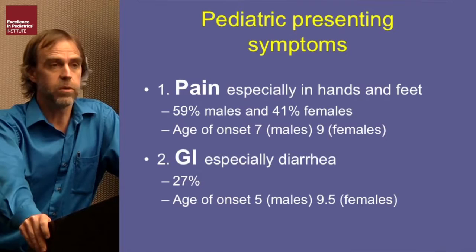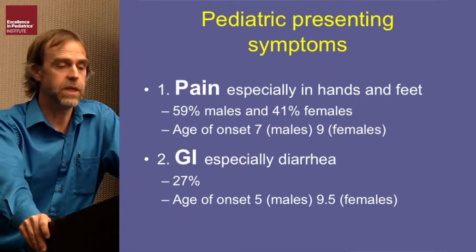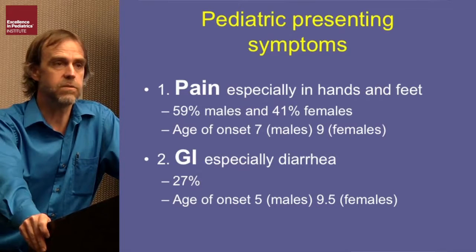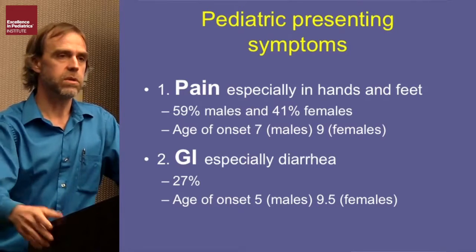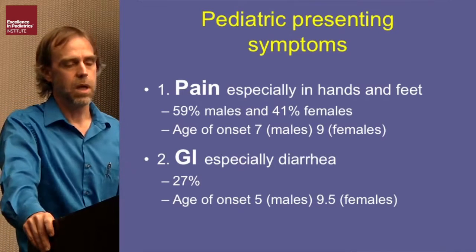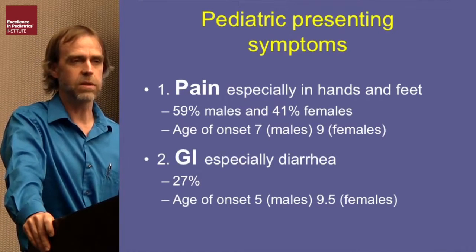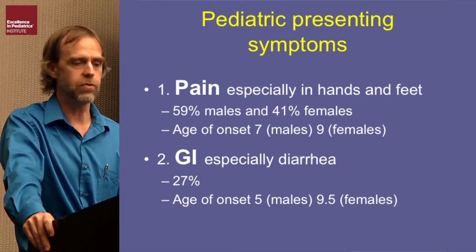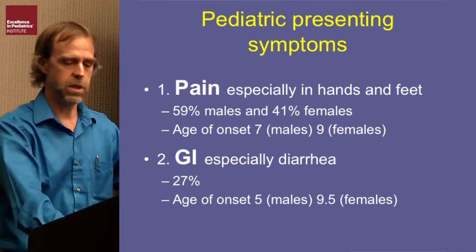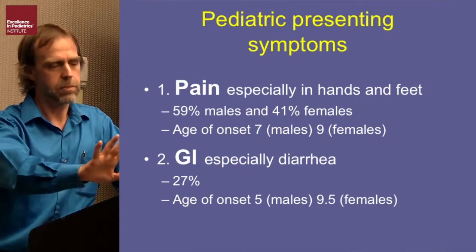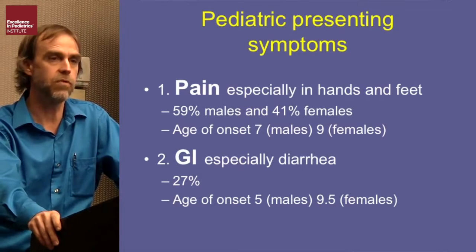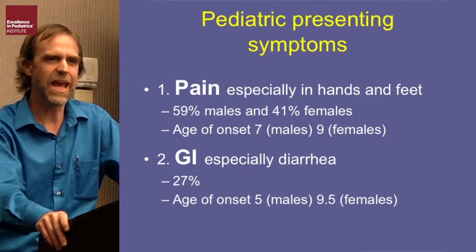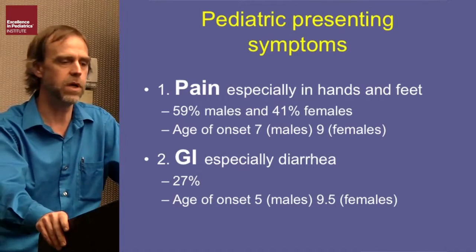So in the boys it was close to 60%, burning pain in the hands and feet, often quite severe. The females, it's a little bit less. They had about 40% reported pain, and the nature of the pain was also different, with most of them not having the severe crisis level pain, which would be 8 to 10 out of 10 in severity.